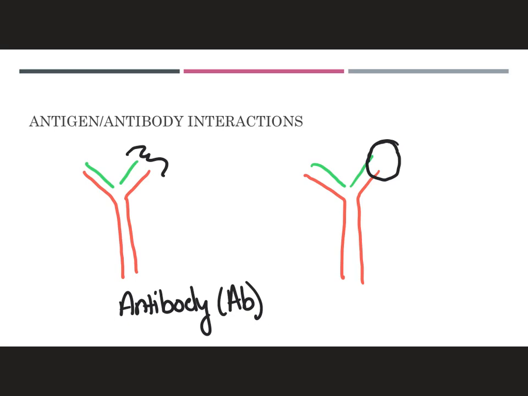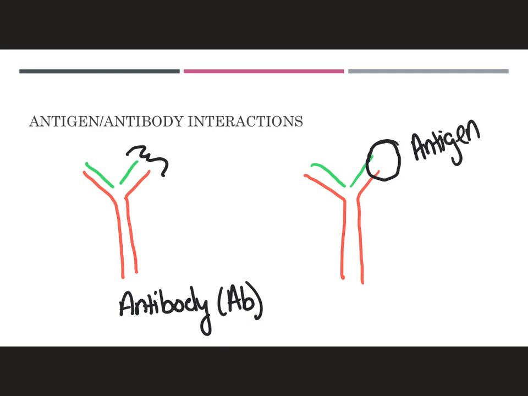So let's just say, for example, right now, that antigen is a virus. That antibody recognizes that virus, it binds to it. Well, now that virus can't go and infect cells and make more of its own kind. So that's just one example of how this antigen antibody reaction is so important, okay?